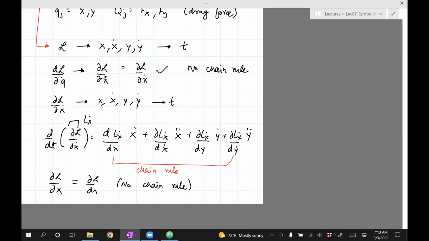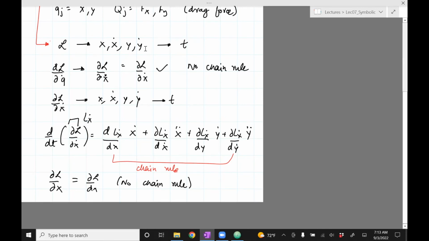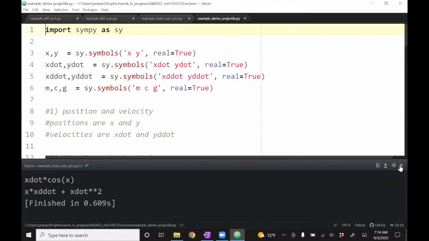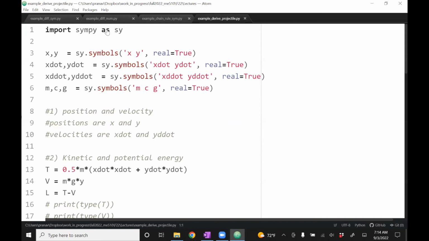So I'll show you code which will produce the same equations as we produced previously by hand calculations, using the symbolic toolbox. Let me open projectile. Again, import sympy as sy, with x, y, ẋ, ẏ, ẍ, ÿ as my symbolic variables.